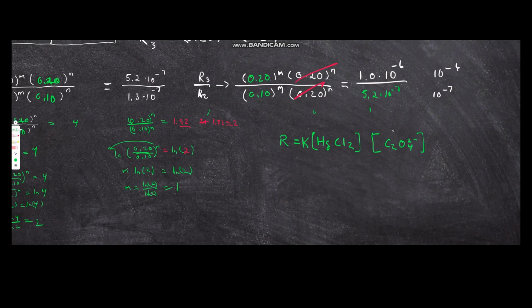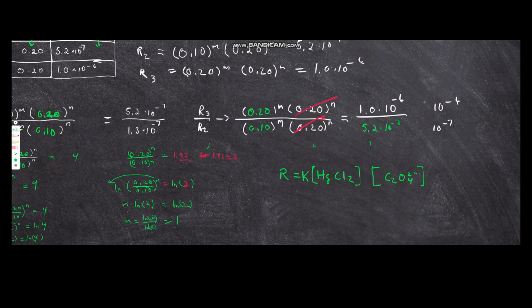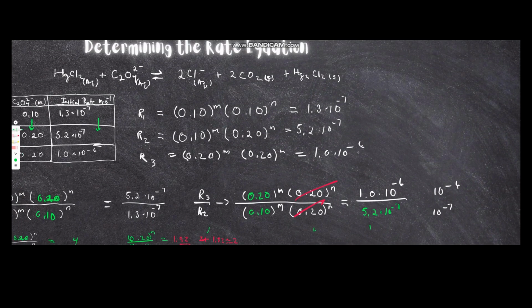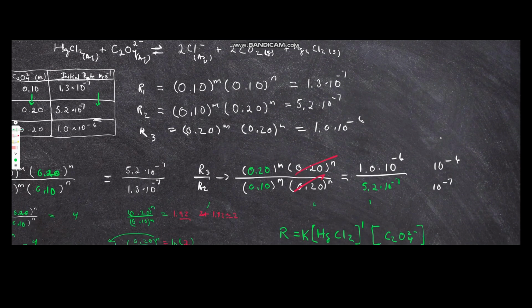Okay, so for m earlier on, let's see, m and then n here. For m we got 1, which is going to correspond to the magnesium chloride.